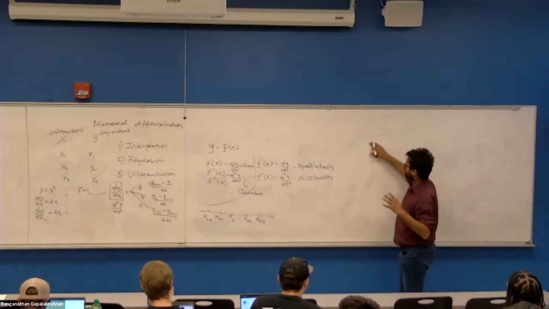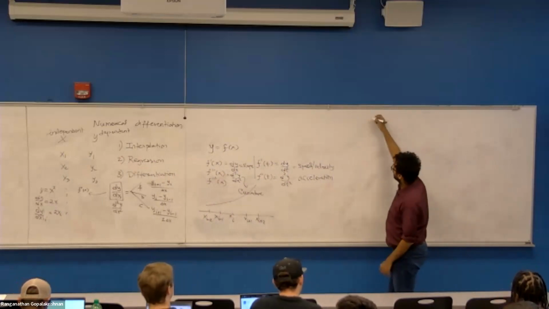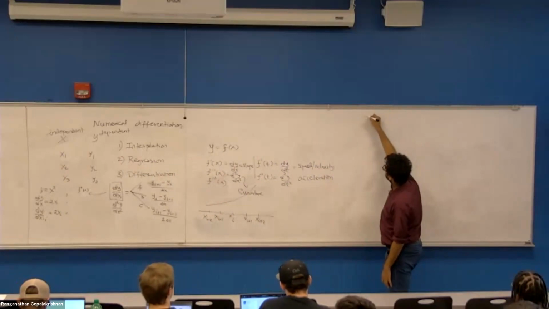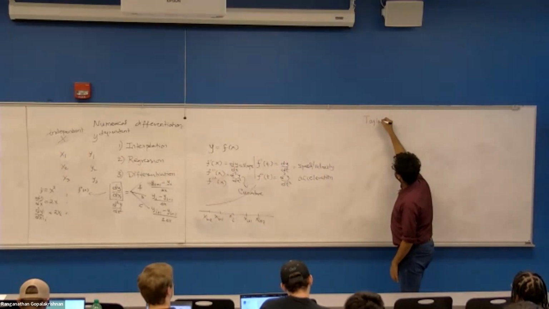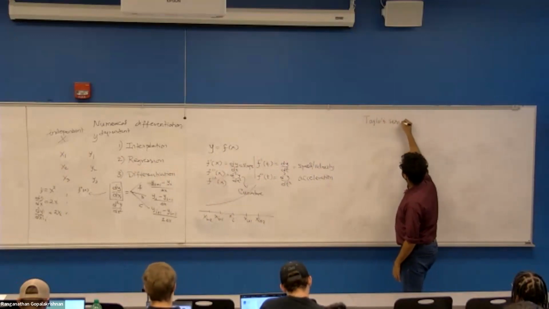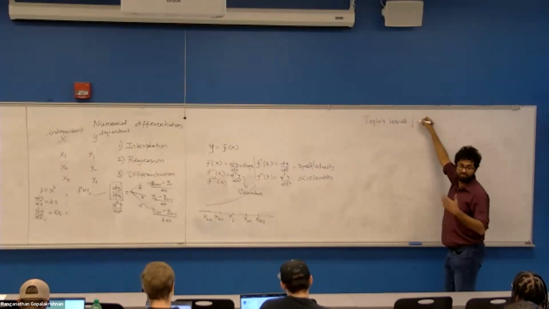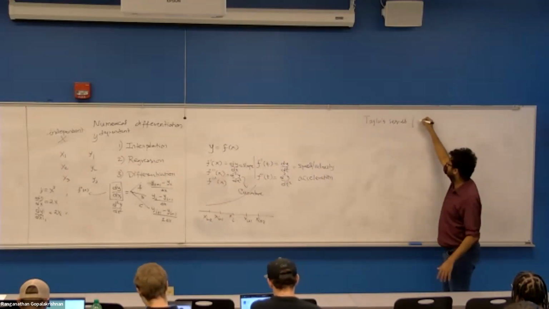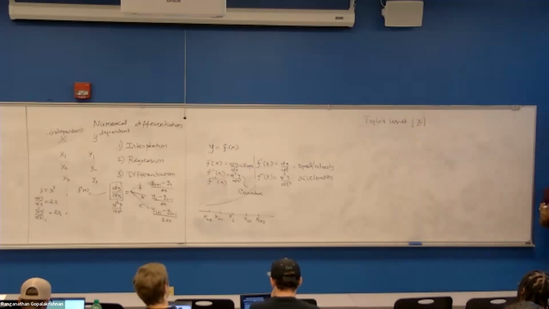So this is just a big recap because we had the fall break in between, and I think some of you might not recall this. So we start with Taylor series. You need to remember this, write it down, bring it to your exam, okay? Somehow this is the starting point for all the approximations we'll derive.